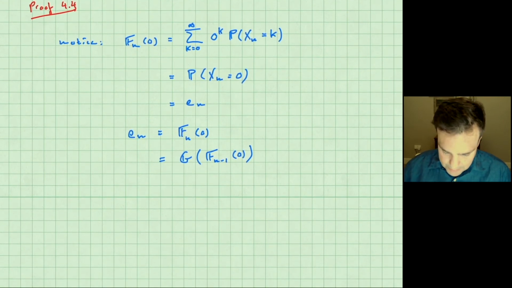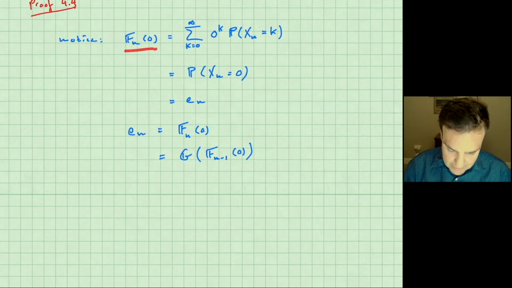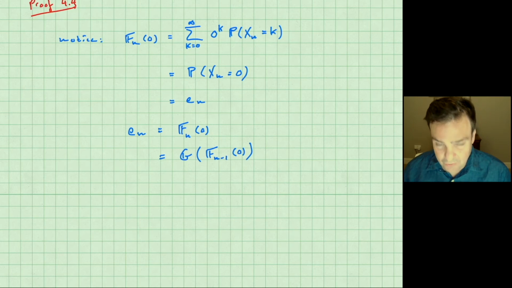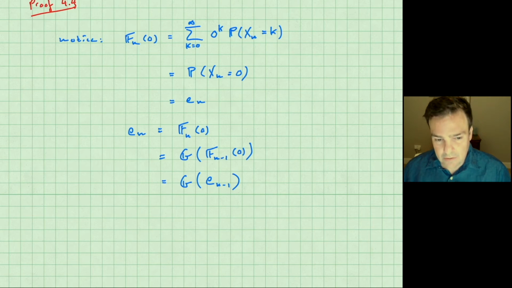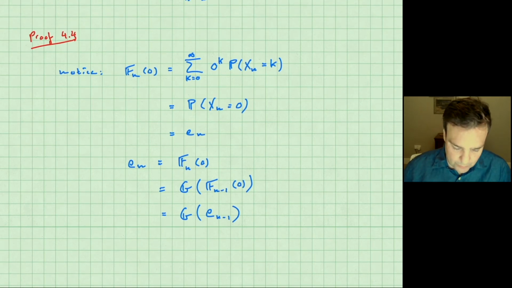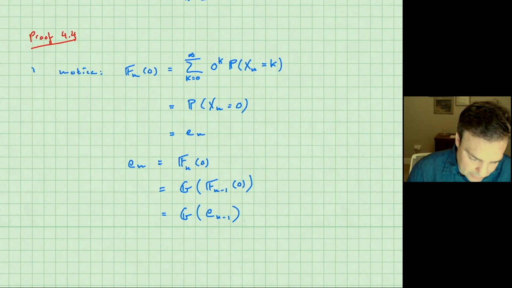But then by the same reasoning, F sub n evaluated at 0 is E sub n. That's true for any possible n, and so this must be the PGF G evaluated at E sub n minus 1. Okay, so that's the proof for the first part. Oh, I should have labeled that. That's the first part of our proof.